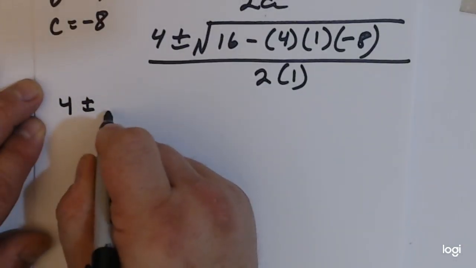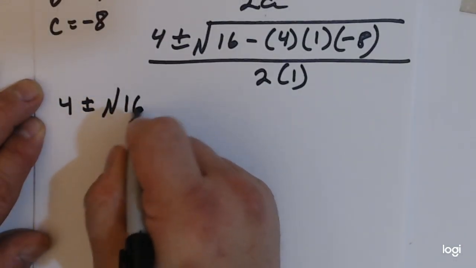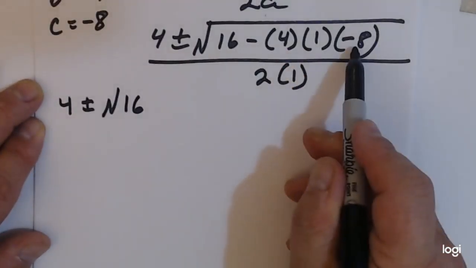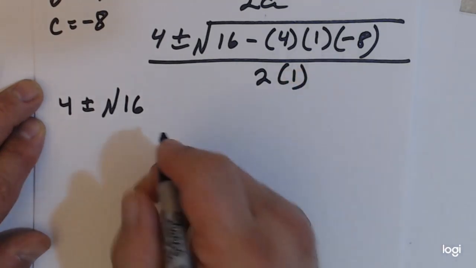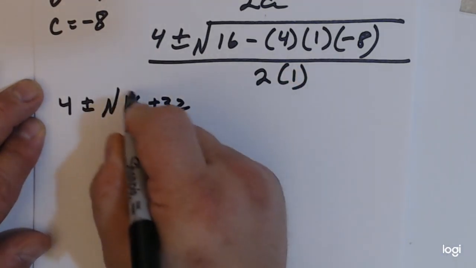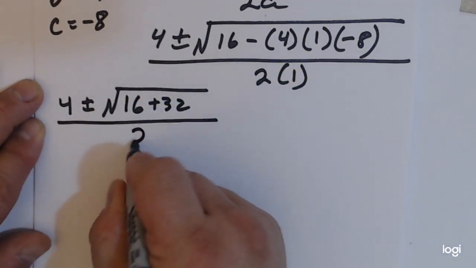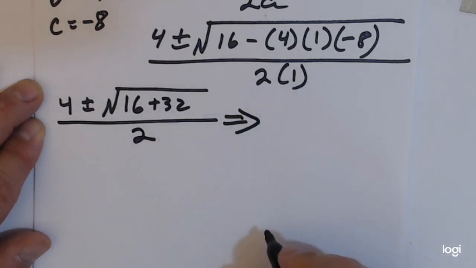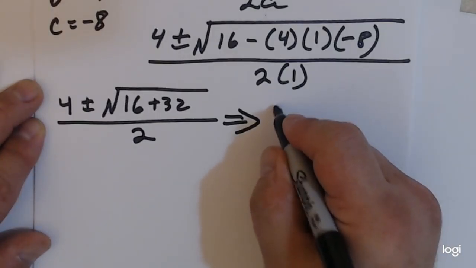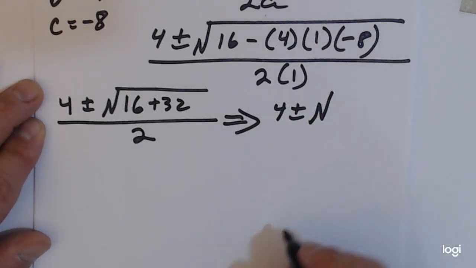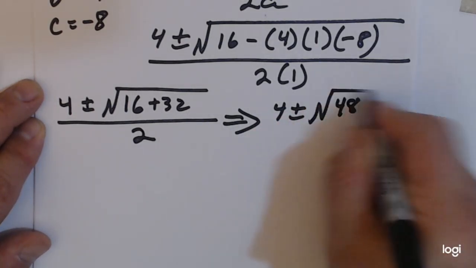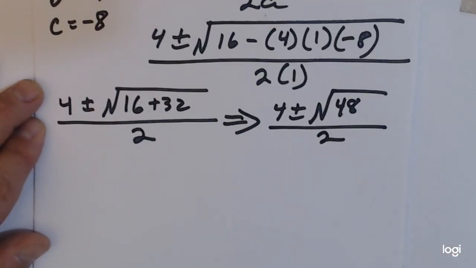So that's going to give us 4 plus or minus the square root of 16. Well, we're going to have 8 times 4 is 32, -32. So minus -32 is plus 32, all over 2. Let's see, we have 4 plus or minus the square root of 16 plus 32 is 48, all over 2.